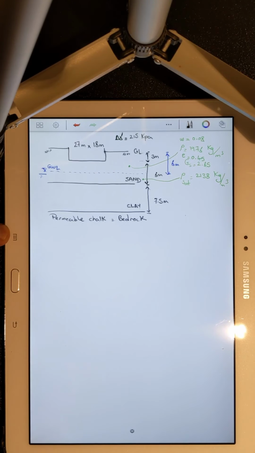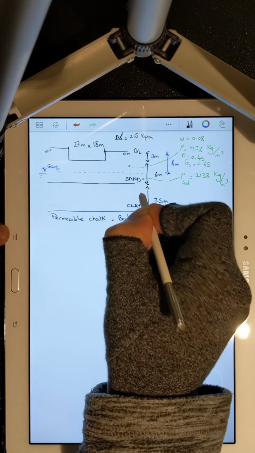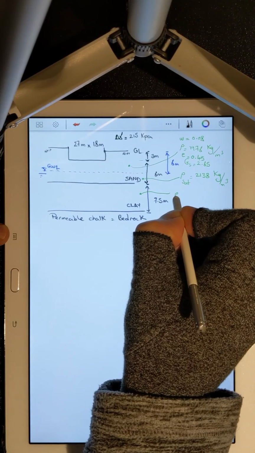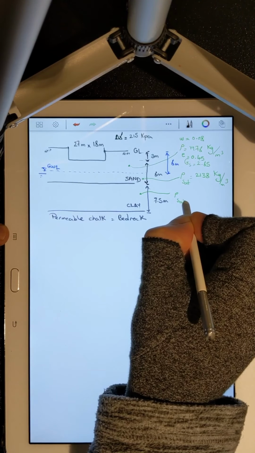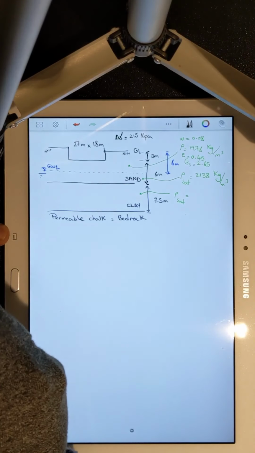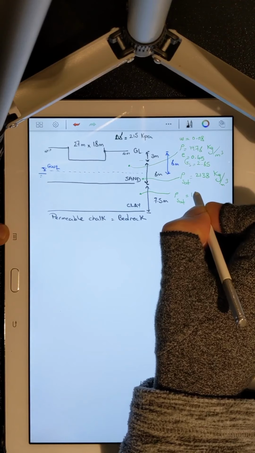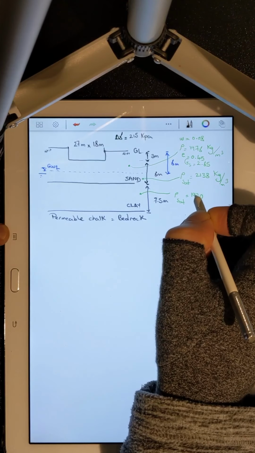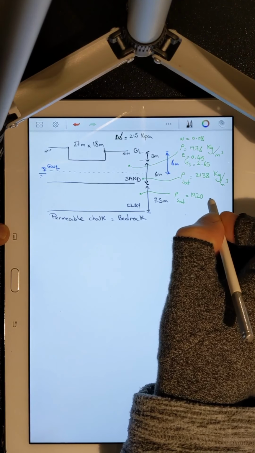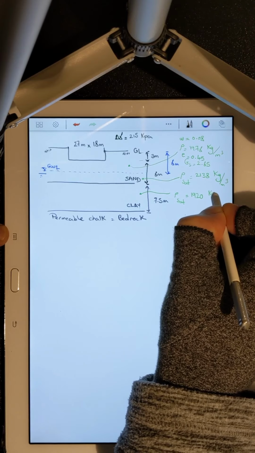The saturated bulk density of clay is measured and given as 1920, again in kilogram over meter cube.